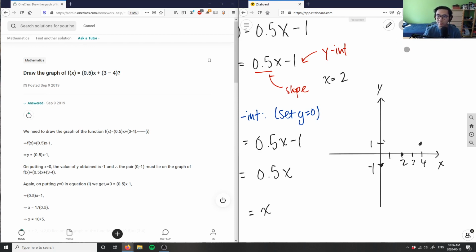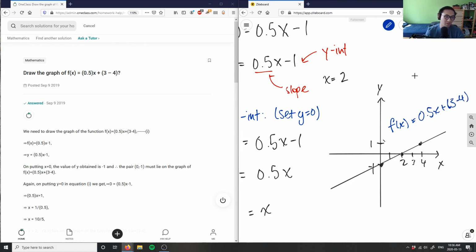I have 3 points on my graph now, so I'm simply going to draw a line from here to here, and this will connect all of these points. This is my graph of f of x equals 0.5x plus 3 minus 4.